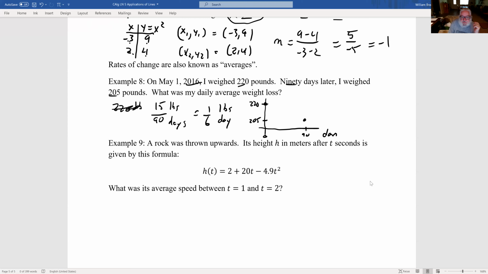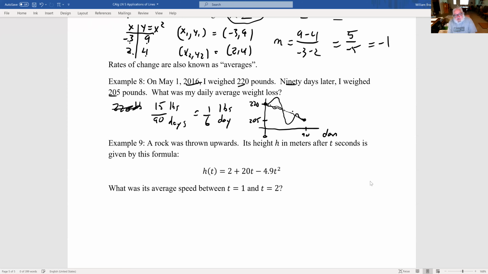But my actual weight loss, maybe I gained a little bit, and then I stopped eating, and whatever I did, right? And so this is my actual weight loss, but what was the average loss per day?